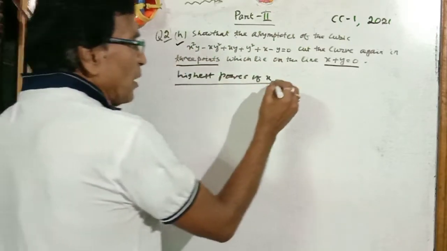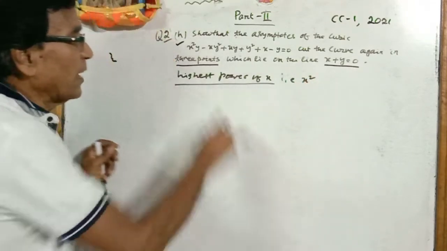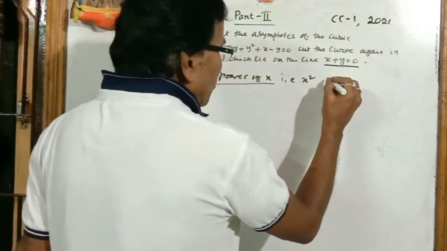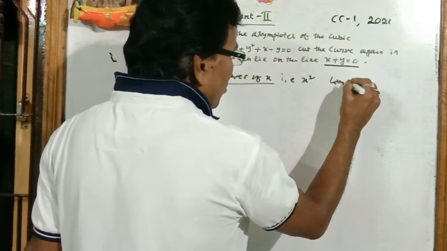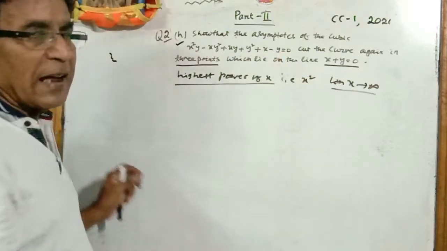And what is the highest power of x? That is your x square. And if we take the limit x tends to infinity, then that will give you the horizontal asymptote.